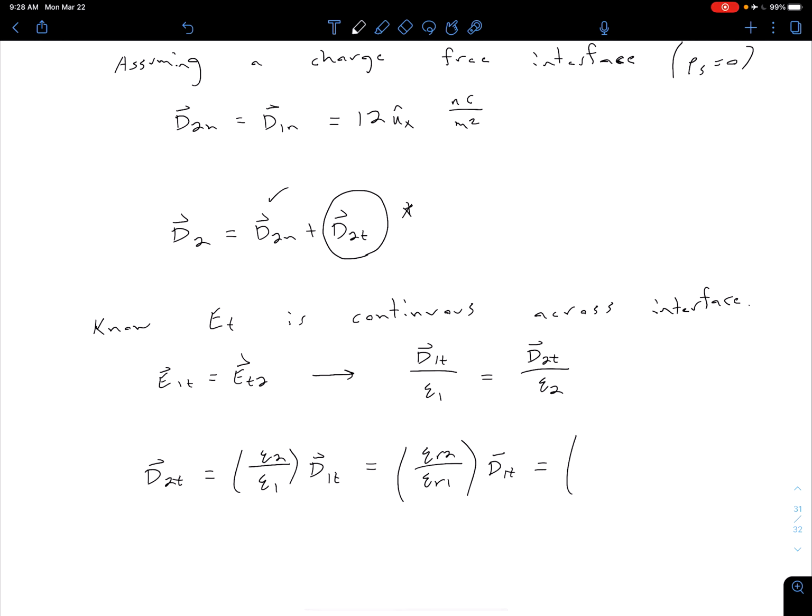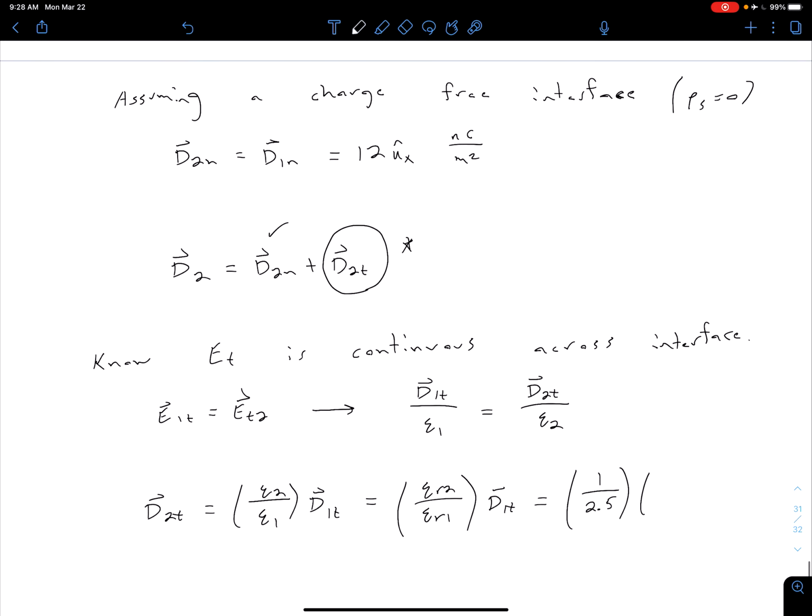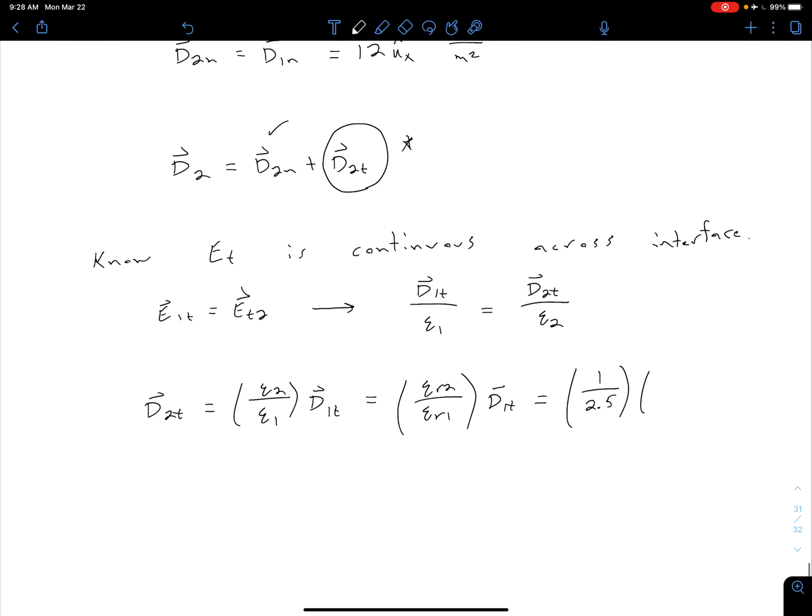In this case, we have free space in region 2, so that's a relative permittivity of 1, and in region 1, we have 2.5. We're multiplying that by our tangential part of D1, or D1t, so we have negative 10 in our y direction plus 4 in our z direction.